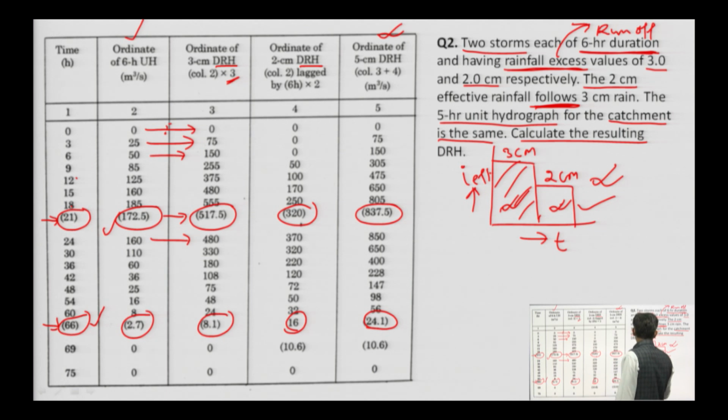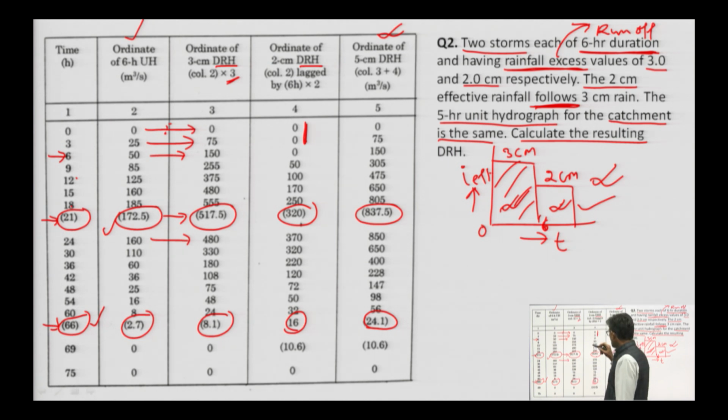Since we know that the duration of the stump is 6 hours, the ordinate for this stump will start at duration 6. So, it will be blank over here for t equal to 0 and 3, and it starts at t equal to 6 hours.